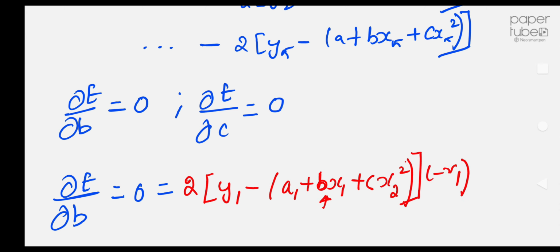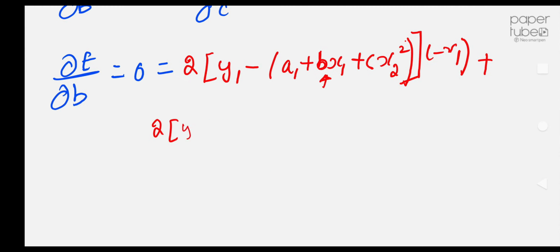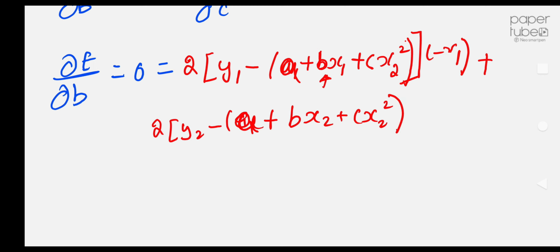Plus, we do the same for the next, y2: 2 times (y2 minus (a plus b x2 plus c x2 whole square)) multiplied by minus x2.